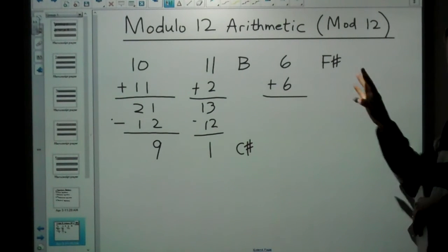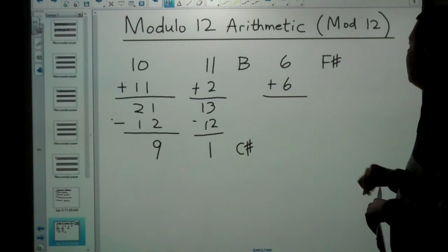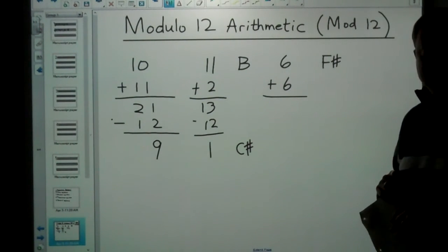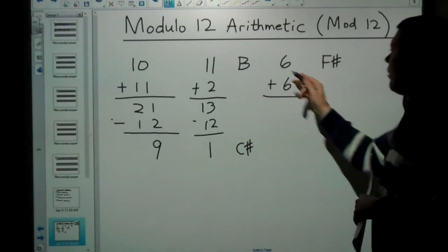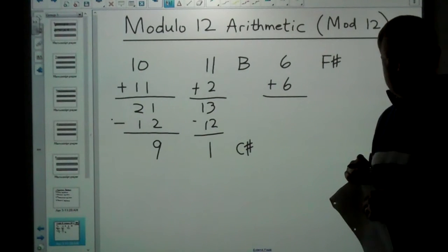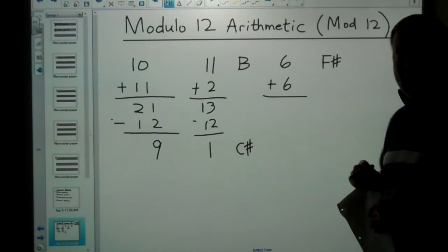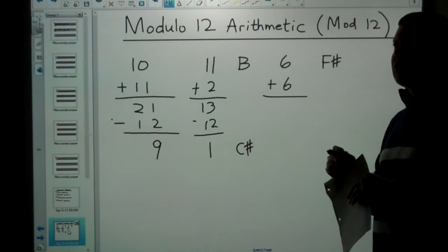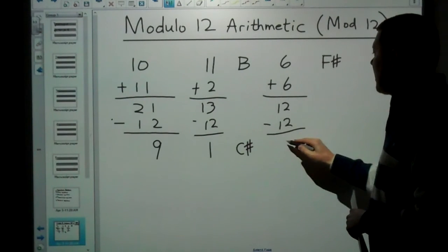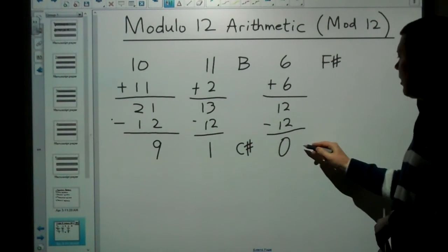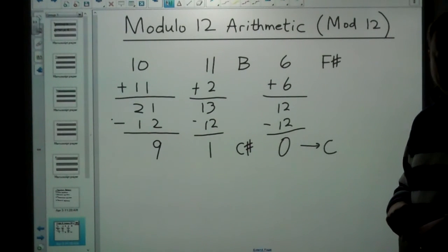If you count on the clock face 6 half steps clockwise around the circle, 6 half steps above an F sharp happens to be a C. In traditional math, 6 plus 6 is 12, but 12 is not between 0 and 11, so we have to subtract 12 to get it within that range. And 12 minus 12 is 0, and we know that pitch class 0 is equivalent to C.